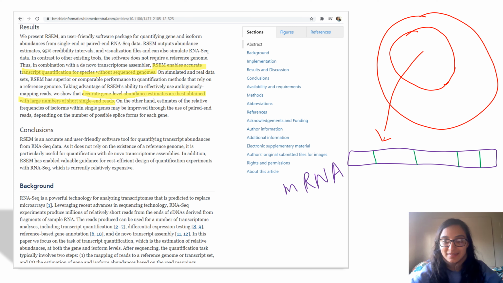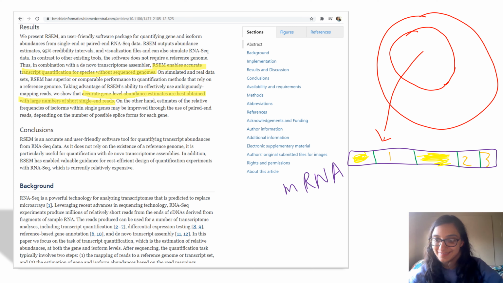Let's just pretend that these are the ones that we want. These are the exons 1, 2, 3.